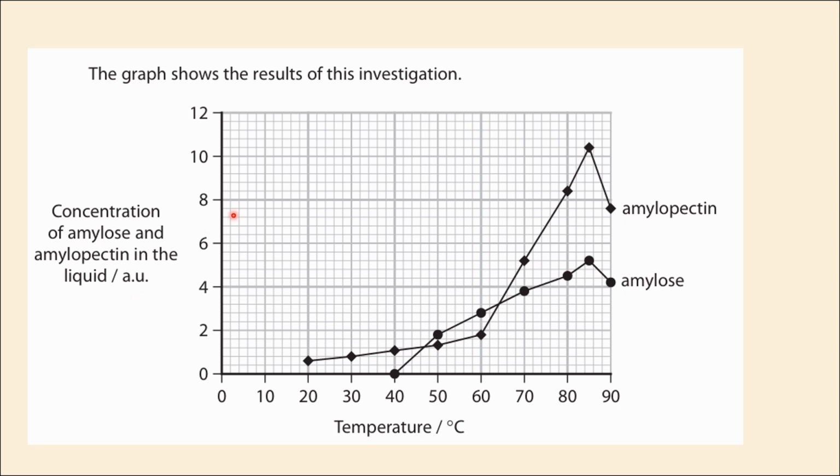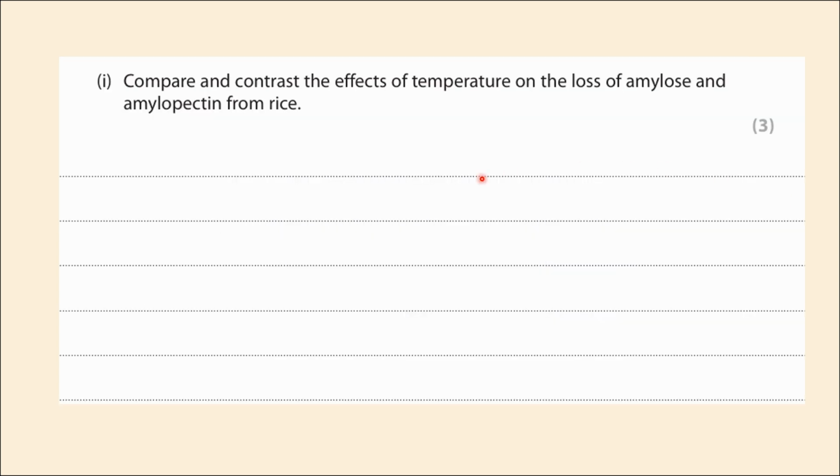So before we analyze the graph, it's helpful to consider the underlying question, as this will guide our analysis and make it easier. The question asks us to compare and contrast the effects of temperature on the loss of amylose and amylopectin from rice.